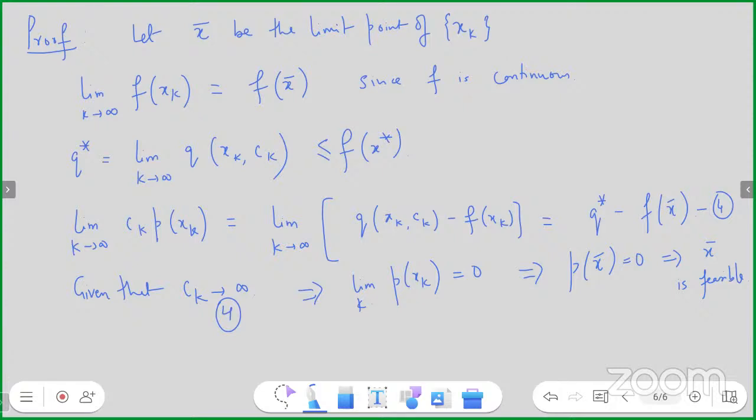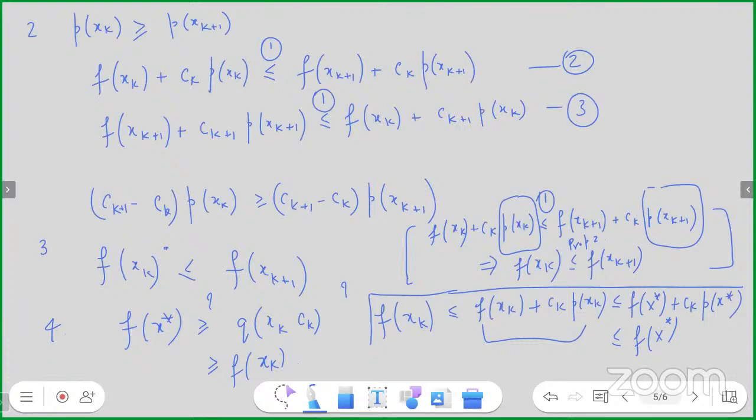Now what about f of x bar compared to f of x star? Because f of x_k is increasing, f of x bar is less than f of x star. What was our lemma? f of x_k is less than or equal to f of x star for all x_k.